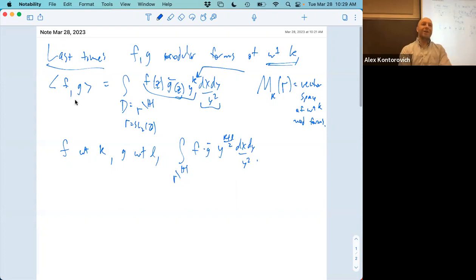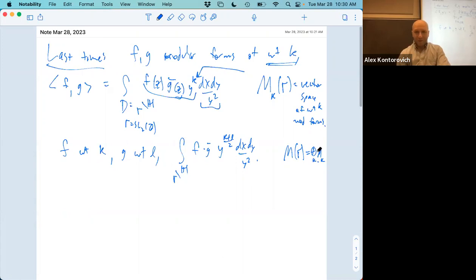But as an inner product, usually we think of inner products on a Hilbert space, like a vector space. In this case, it's a finite dimensional vector space, and so we would like the two things to live in the same vector space. So you want to look at the space of all M of gamma, which is the sum over the M_k, like a graded ring.